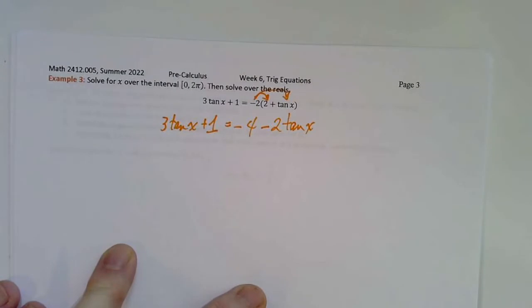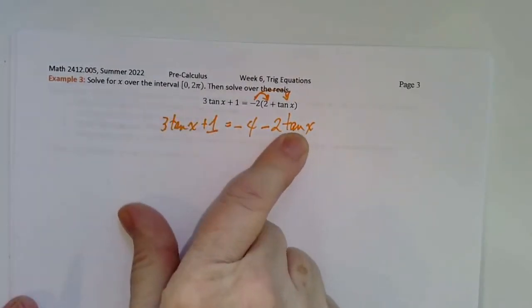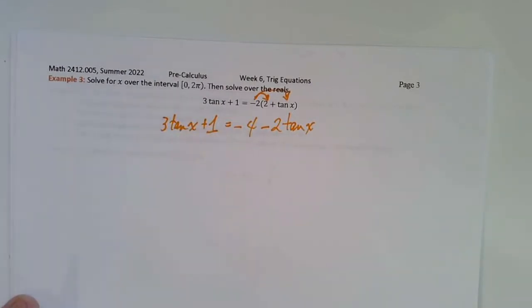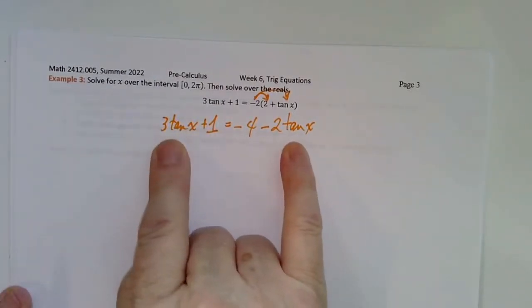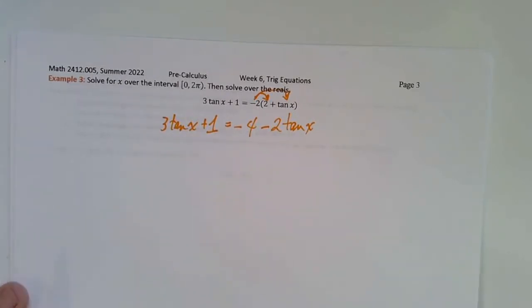Now that I have no parentheses, and nothing in a denominator, and I have the same trig function, I want to move the trig functions to one side of the equal sign and the constant terms to the opposite side. It doesn't matter which side I choose, I just have to choose a side.